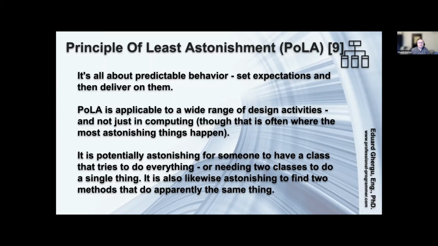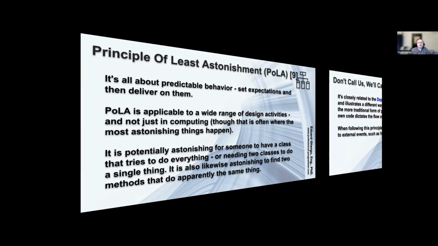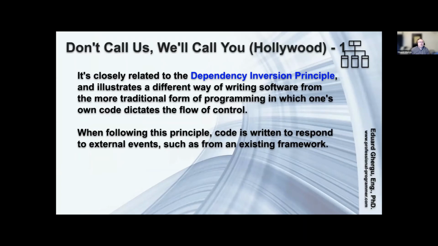So not to do something else than what is obvious to happen, or what is suggested will happen. Next, it's don't call us, we'll call you, or the Hollywood principle. And this is closely related with dependency inversion.